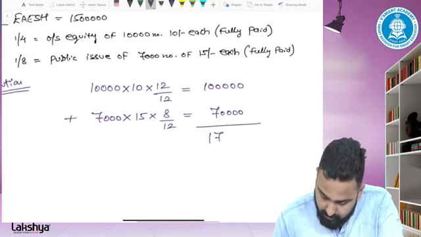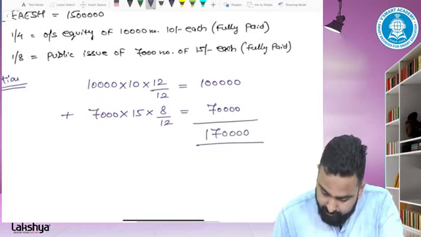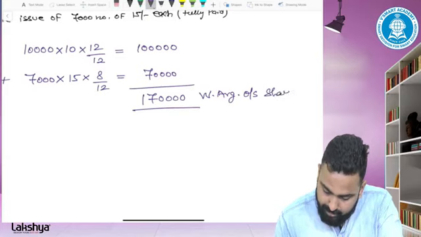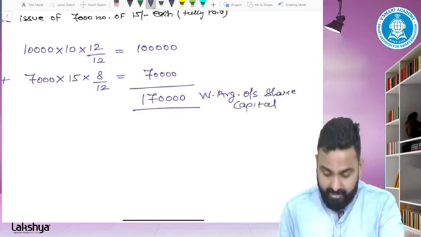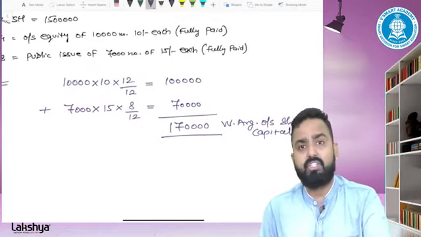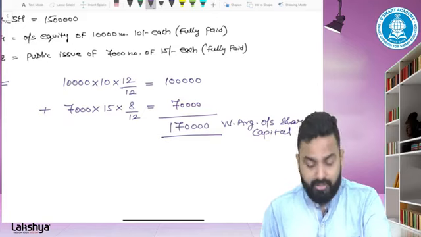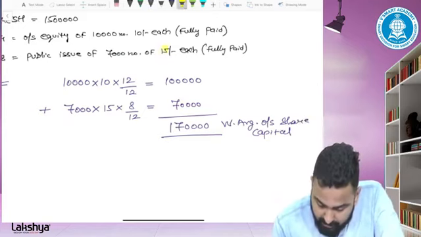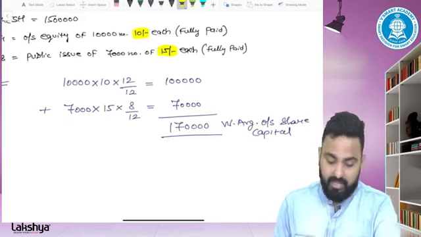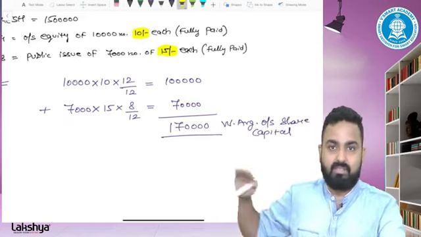What is this? 1,70,000 is the weighted average outstanding share capital. Again, we considered share capital instead of number of shares. Since the face values are different, we need a common base.